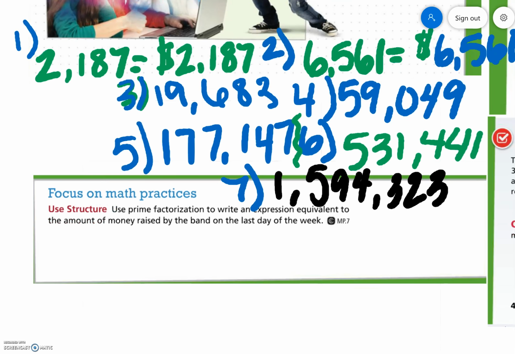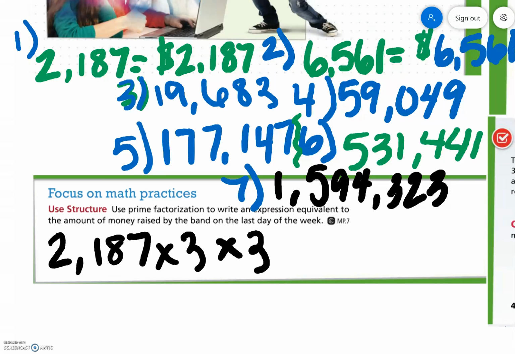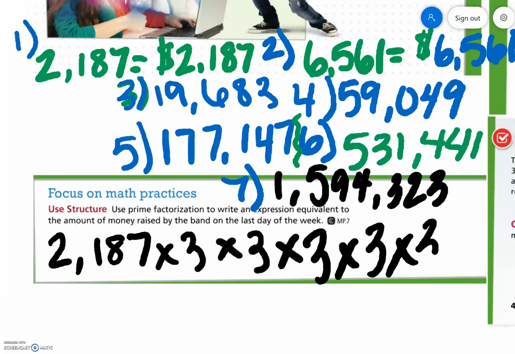Use prime factorization to write an expression equivalent to the amount of money raised by the band on the last day of the week. So we're starting with 2,187. From there, to get to the next number, we multiply by 3. To the next number, we multiply by 3. So that's 1, 2, 3, 4, 5, 6, 7.